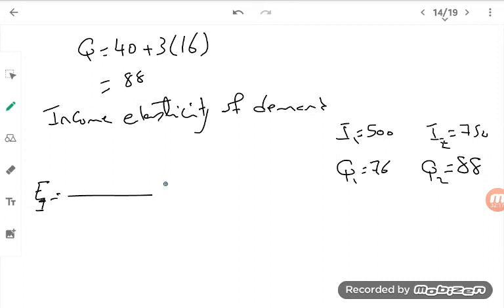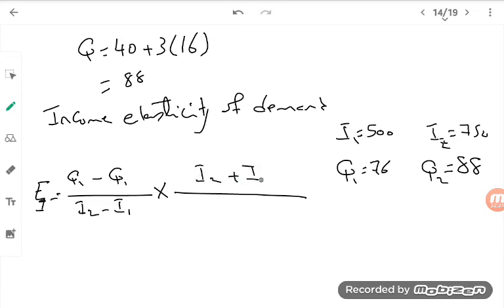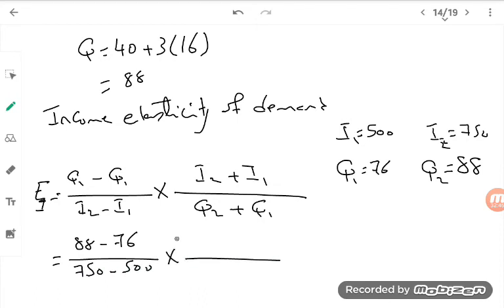the income elasticity of demand, which is (Q2 - Q1) divided by (I2 - I1) multiplied by (I2 + I1) divided by (Q2 + Q1). 88 minus 76 divided by 750 minus 500, multiplied by 750 plus 500 divided by 88 plus 76.